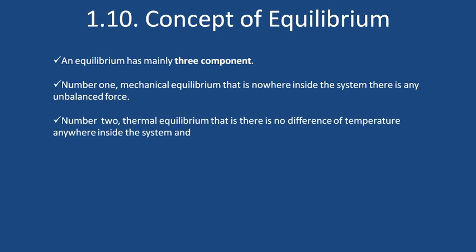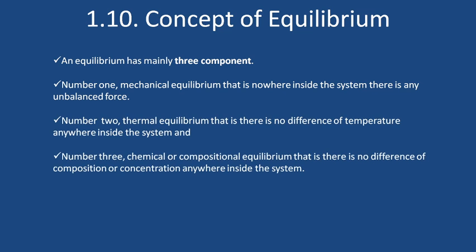It is a situation where there is no difference of temperature anywhere inside the system. Third one is the chemical equilibrium or compositional equilibrium, where the concentration or chemical composition anywhere in the system is the same.